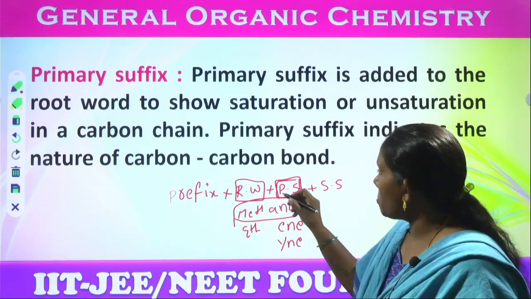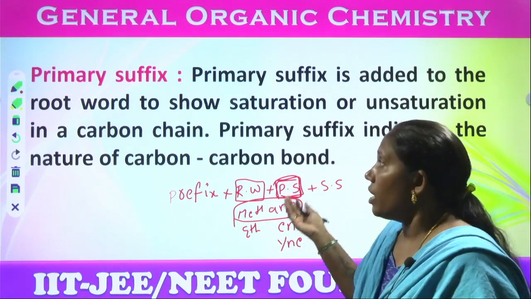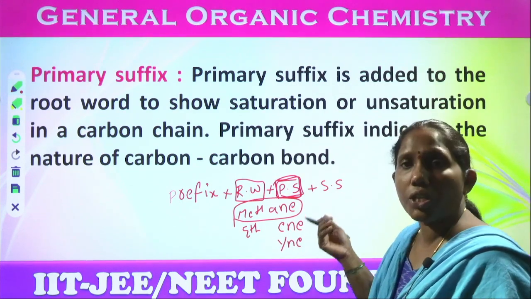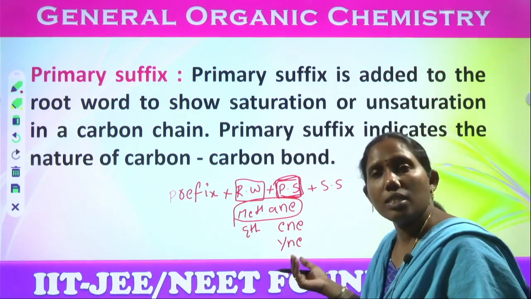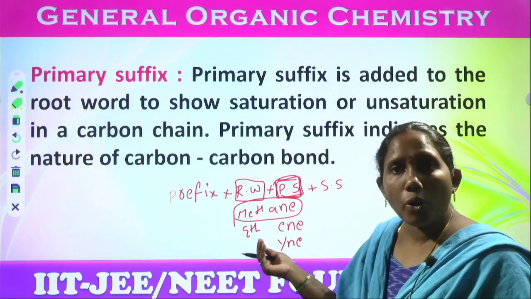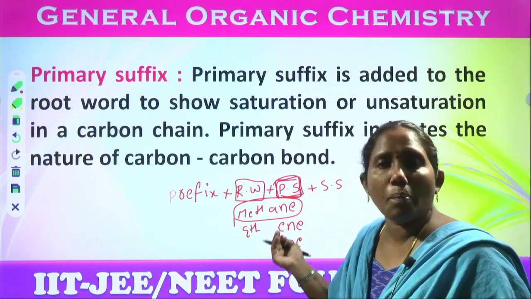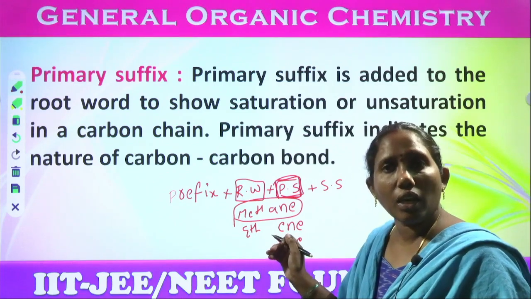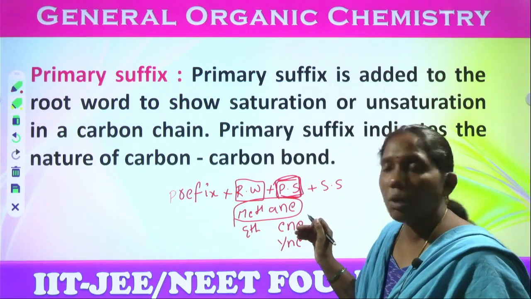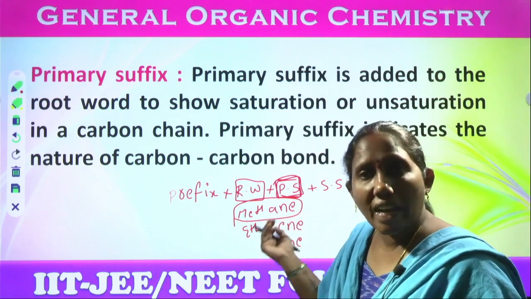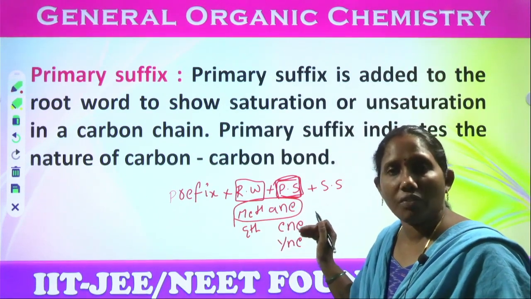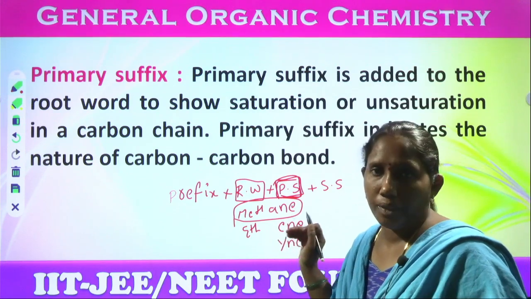So what is this primary suffix? It means any double bond or triple bond, any saturation or unsaturation present in the given organic compound, this primary suffix represents that saturation or unsaturation. If it is a saturated organic compound, the primary suffix will be ane. If it is an unsaturation, then the primary suffix will be ene or yne, right?